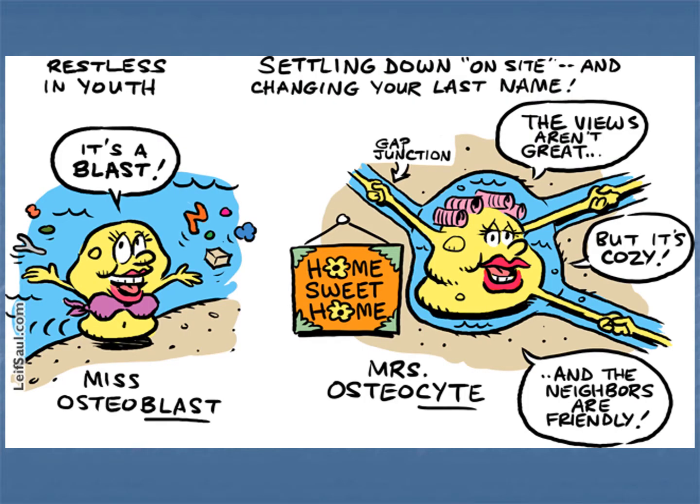So just to illustrate, the osteoblast would be the very active bone cell creating new bone, and the osteocyte is the laid back cell that just stays in one place and doesn't do much except slowly replacing old collagen and depositing hydroxyapatite crystals.